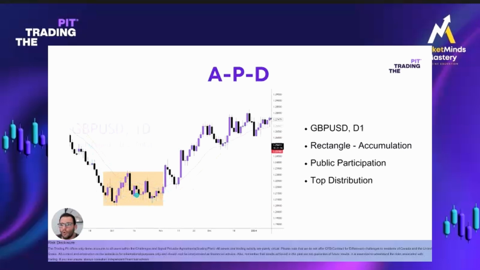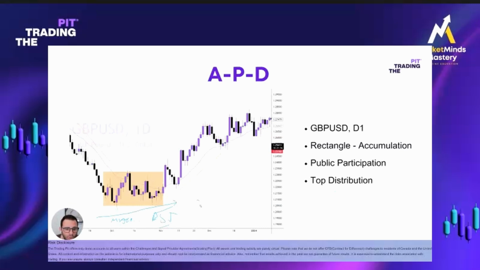Now, do we know for sure? And that's the crucial question, guys. Do we know for sure that this is an accumulation phase? The answer is no, we don't. But based on some momentum oscillators like the MACD or the RSI, we spotted bullish divergence, or positive divergences, and the probability of this market currently being in the accumulation phase is high.